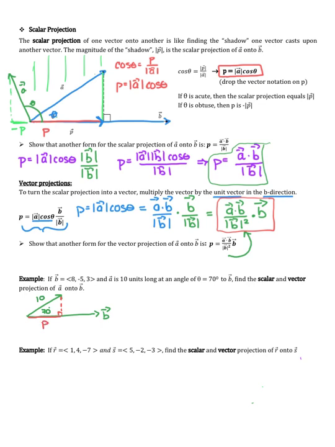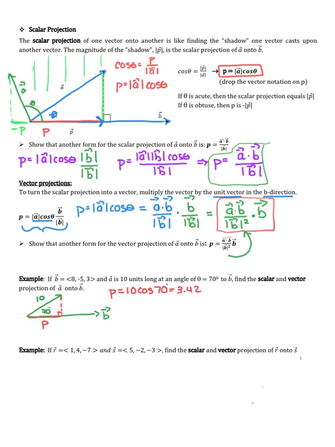Since they gave us the magnitude, they gave us the degrees, this is really just right triangle trig. The scalar projection is just going to be 10 cosine 70 degrees, which is going to be 3.42. Okay? And that's it.